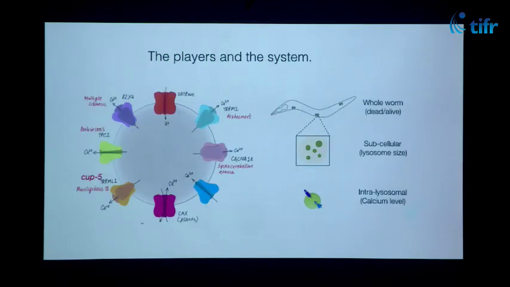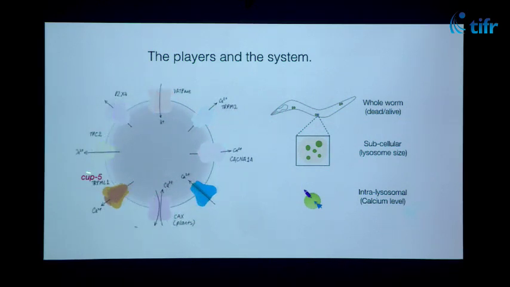So we said, okay, let's look at whether ATP13A2 is going to function as the importer. And so here's the system. The system we are going to look at is a certain protein called CUP5, the human homologue TRPML1. This is a very well-known calcium releaser. If it opens, calcium rushes out.